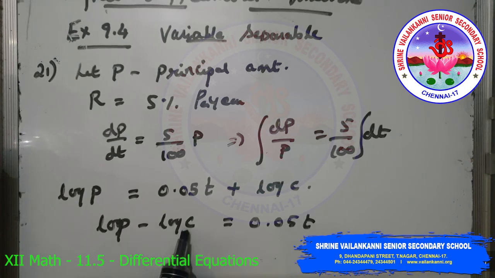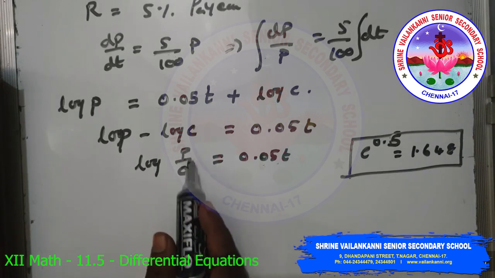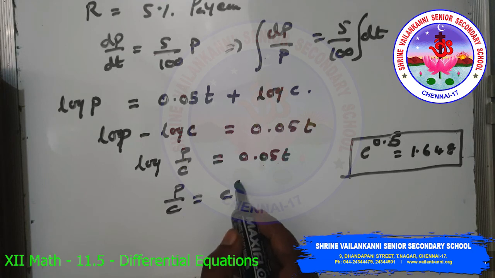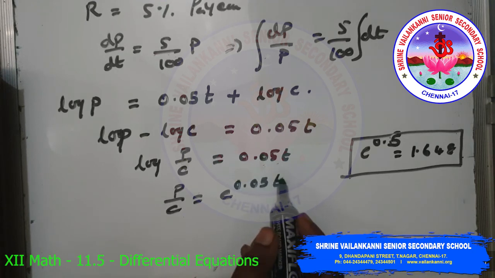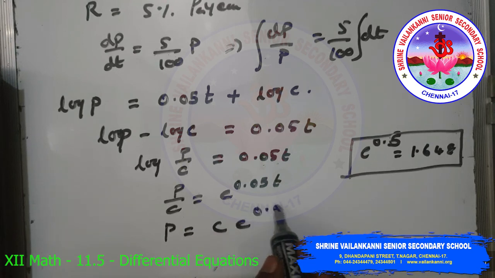Log x minus log y is log x by y. So log P by c equals 0.05 t. So e power log of P by c is P by c, which is equal to e power 0.05 t. So P equals c into e power 0.05 t.